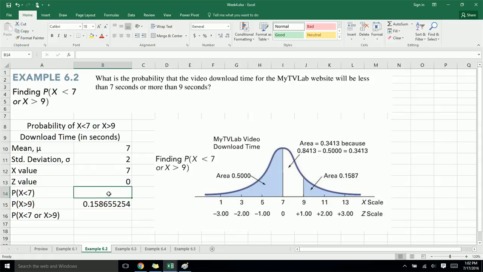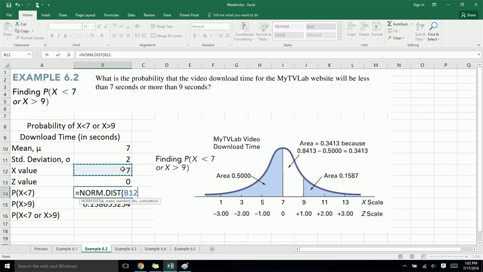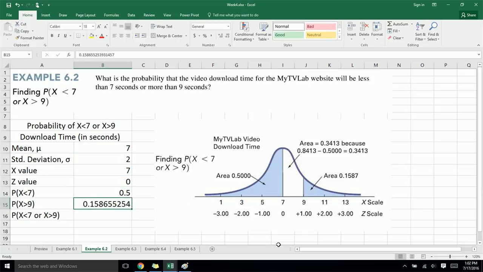And the probability is equal sign, NORM.DIST, select x, comma, mean, comma, standard deviation, comma, and cumulative, yes, TRUE. Close parenthesis and enter. So the probability of x being less than 7 is 50%, which is equal to the median. As you already know, in a normal distribution, the mean is equal to the median.